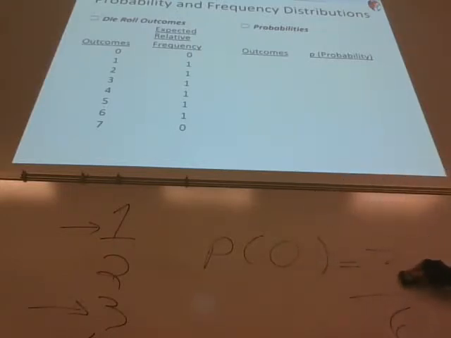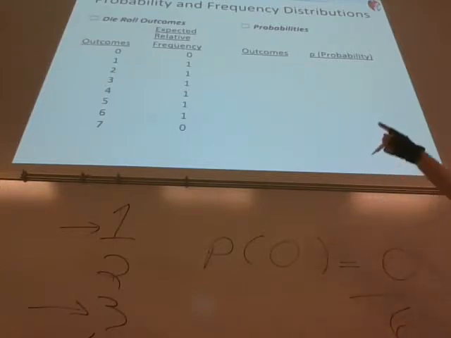So for a 0, that occurs 0 times. The total number of occurrences is 0 plus 1 plus 1 plus 1 plus 1 plus 1 plus 1 plus 0. That is 6. That gives you a probability of 0. So 0 will occur with a probability of 0.